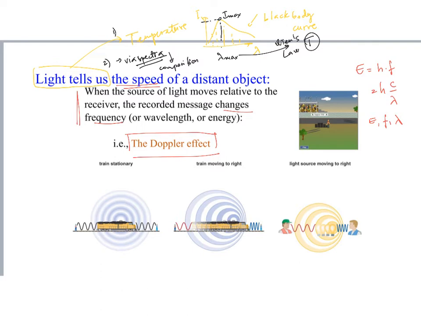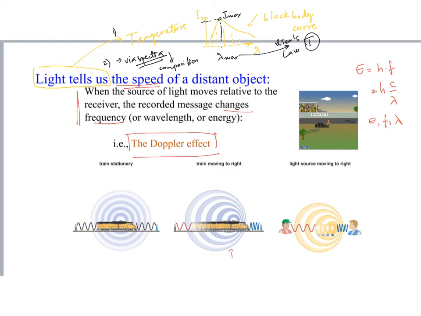The noises that the train makes are very low in pitch when they are far away from you, okay? So say the train is coming towards you, okay? And if it's coming towards you, the pitch becomes higher and higher and higher, right?